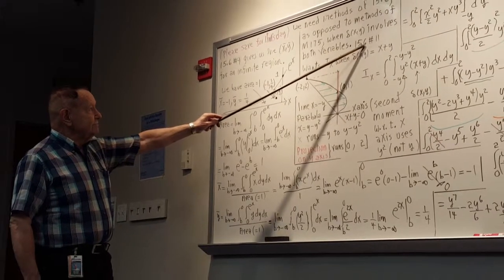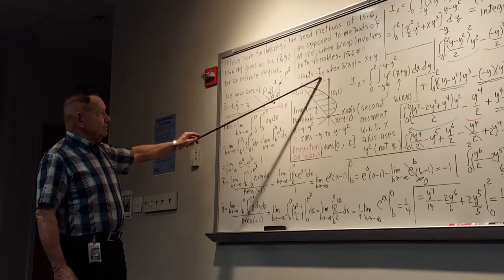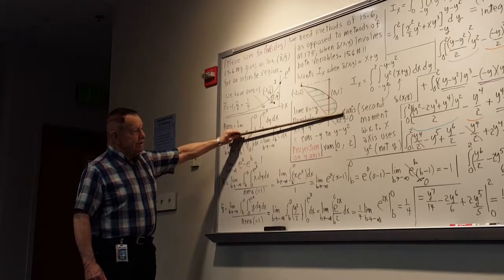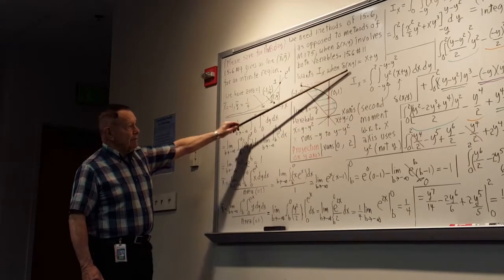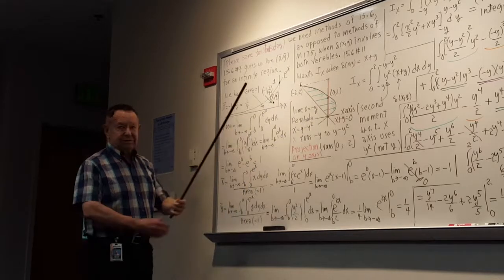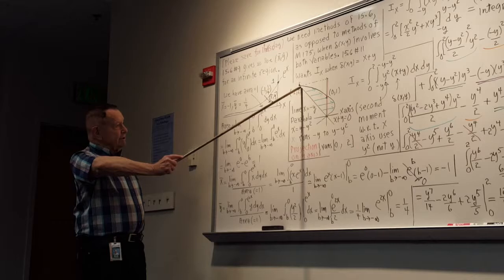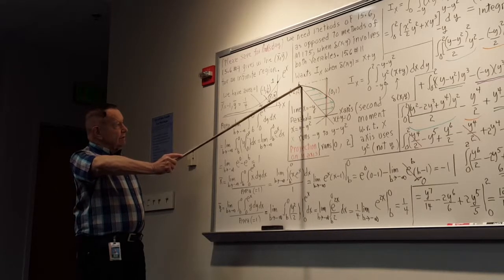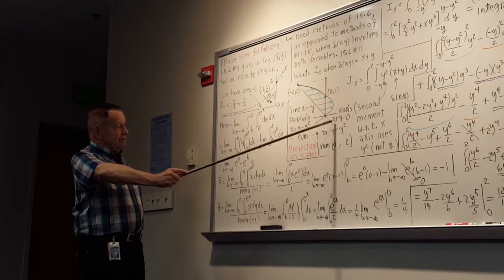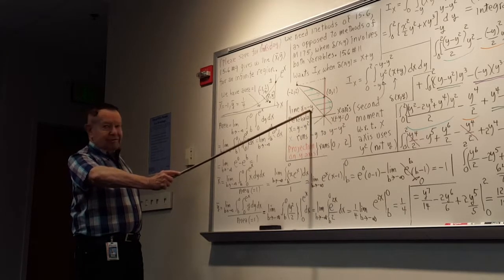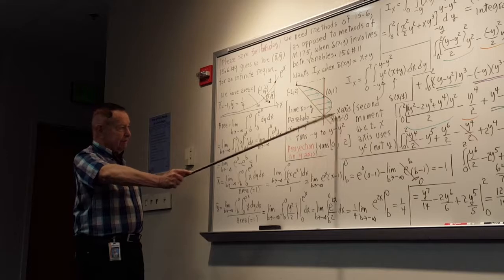Okay, look at problem 11. It wants the moment of inertia relative to the x-axis down here when the density is x plus y. So the region is bounded by this line, which is y equals -x, or x equals -y, x plus y equals 0.